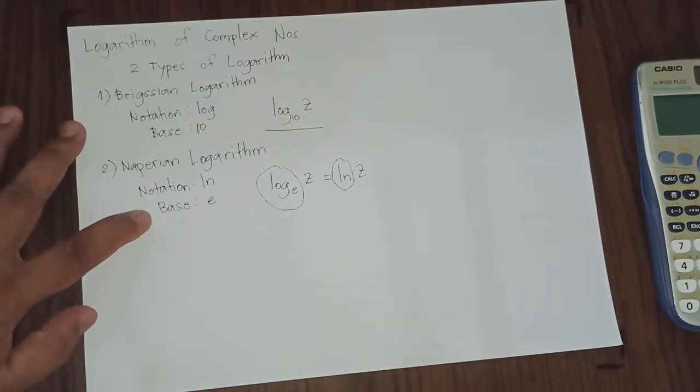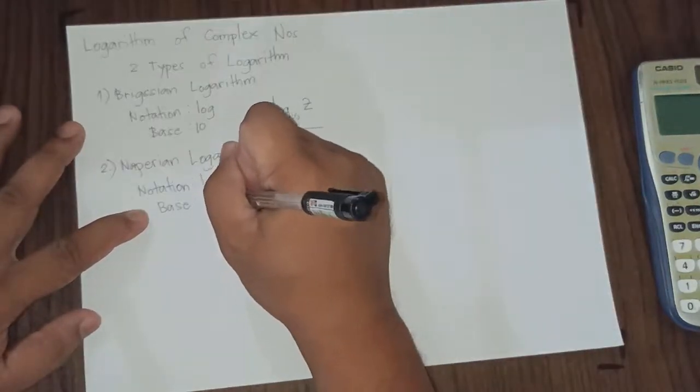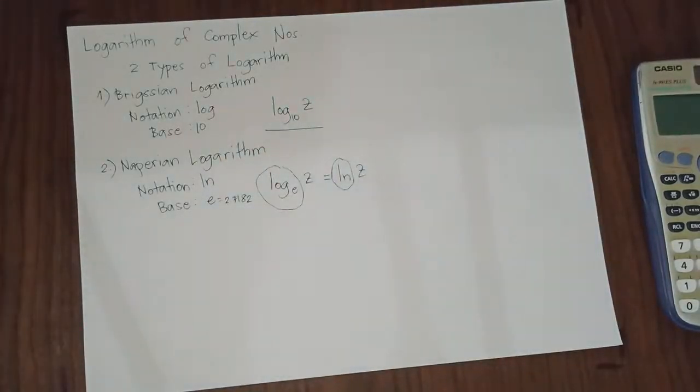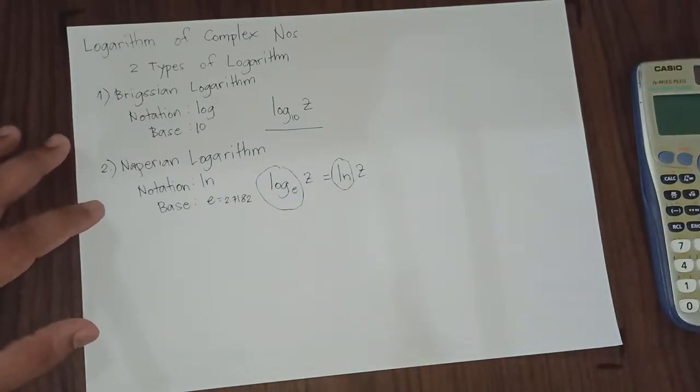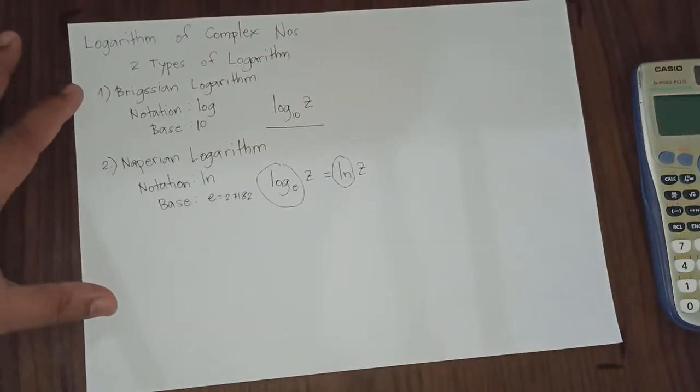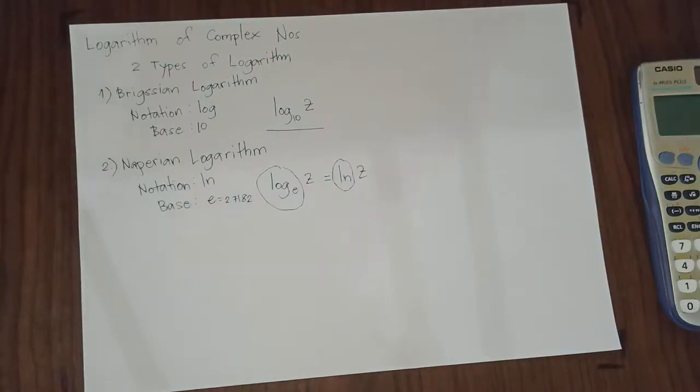It has a base of e. E is equal to 2.7182. So kung kukuha kayo ng calculator, so kukunin nyo yung value niyan, lalabas yung kanyang value niyan. Okay, so that is the two types of logarithm, the Briggseian logarithm and the Naperian logarithm. So mamaya, for more examples tayo, so malalaman ninyo kung paano ba yan ginagawa.